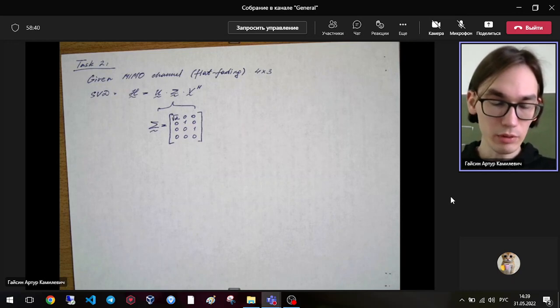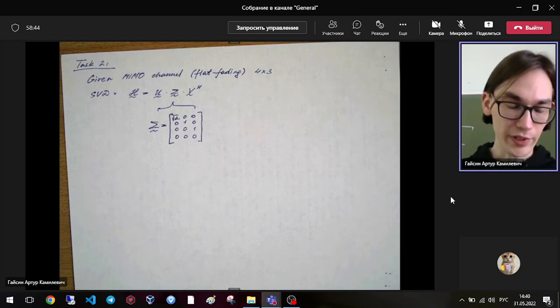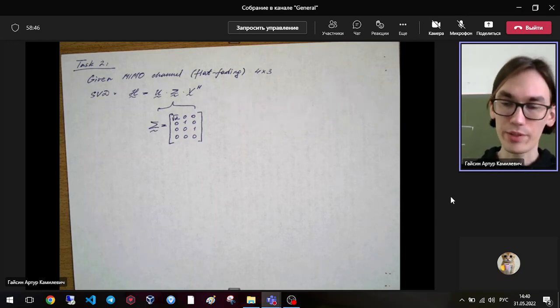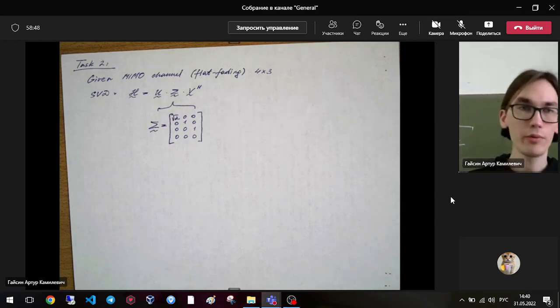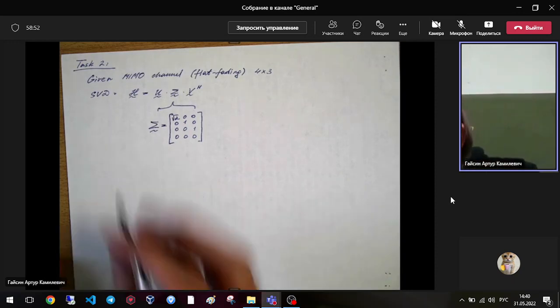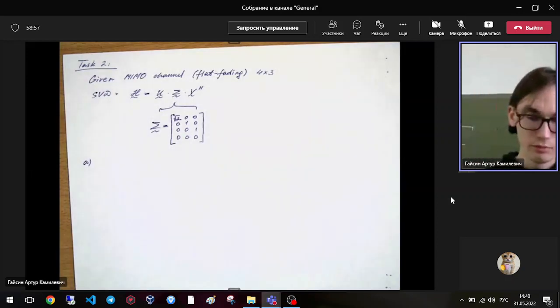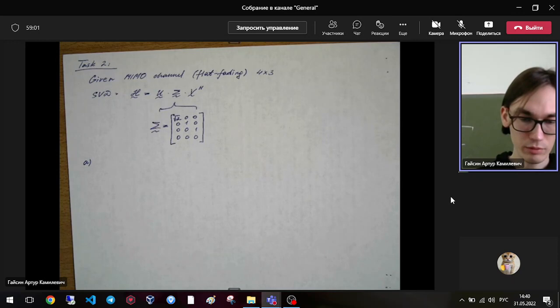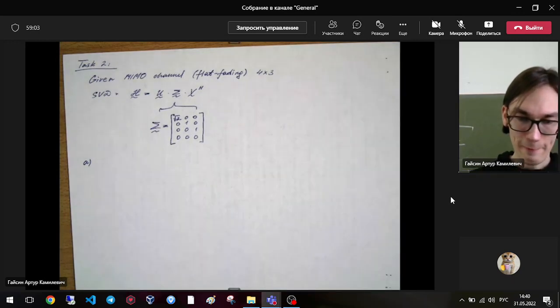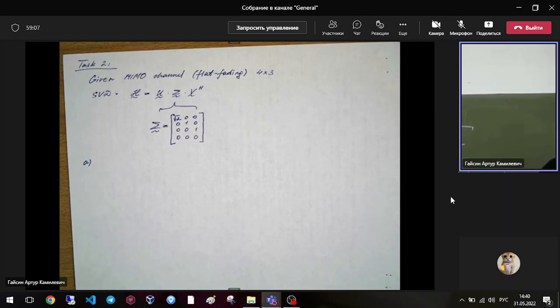And for example, first subtask can be compute the open loop capacity. So how can you calculate this open loop capacity in this case for this task? Do you have some ideas how to do it? So we already know this general formula.